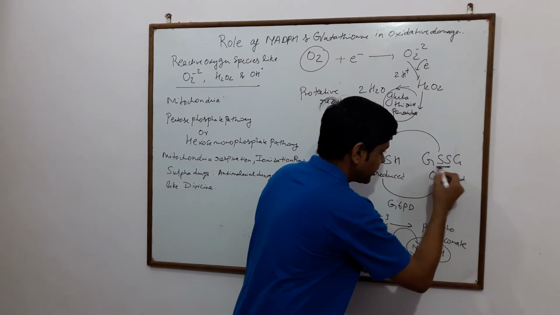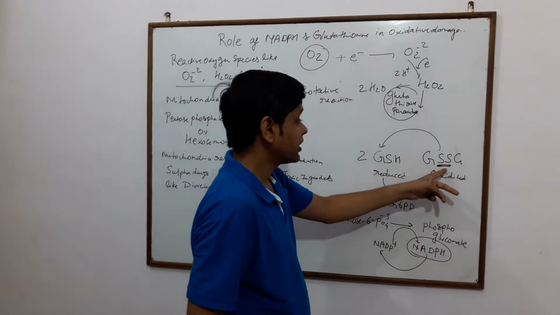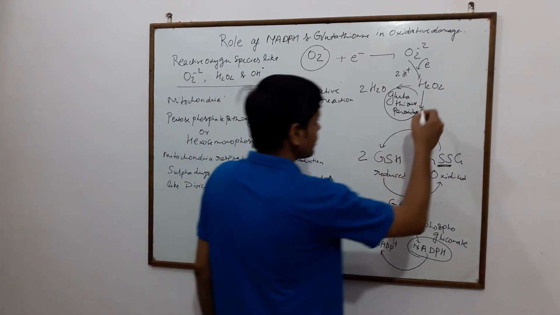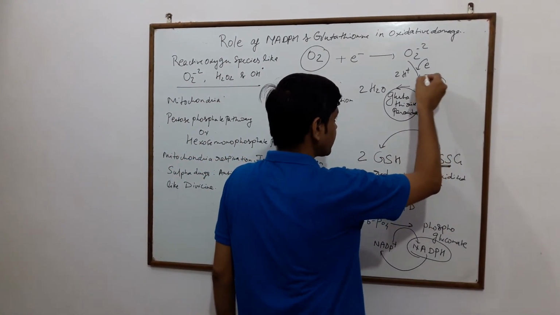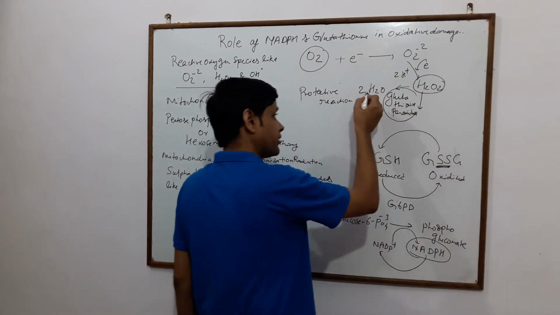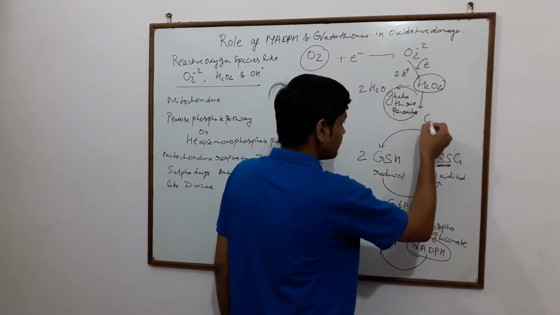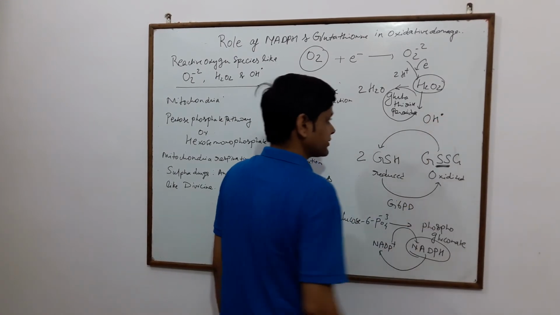These are the 2 sulfur atoms which inactivate glutathione peroxidase, and the produced peroxide is not converted into water molecules. Ultimately, they are converted into hydroxyl free radicals.